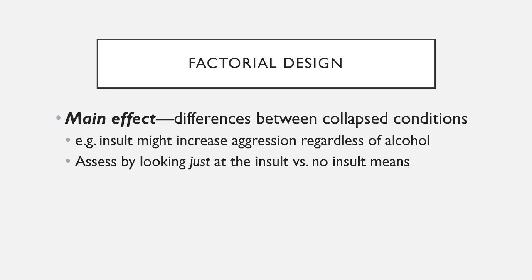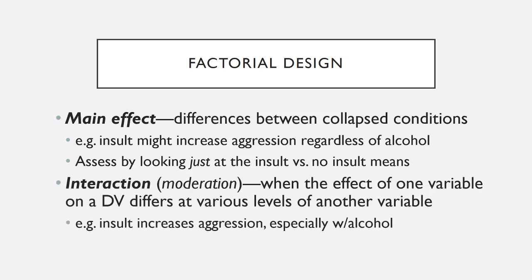So in the context of our factorial designs, we do evaluate our main effects as well. This you can do by just looking at the insult versus no insult means. So this just adds to our knowledge of just how aggression comes to be. By understanding main effects as well as moderations, we get a more holistic image of just what leads to aggression.